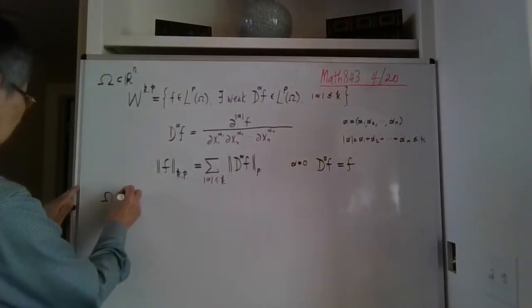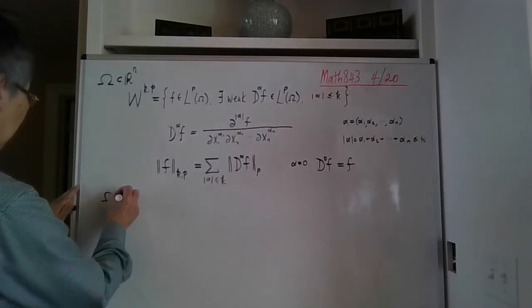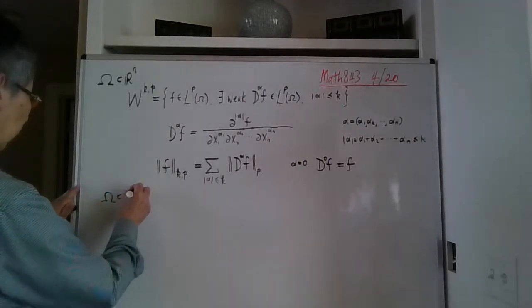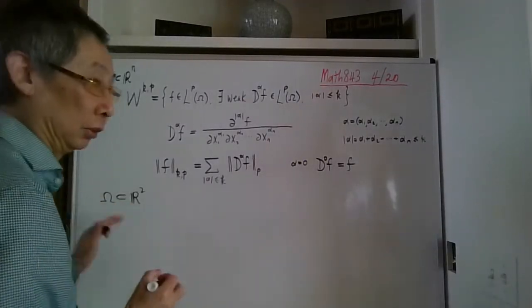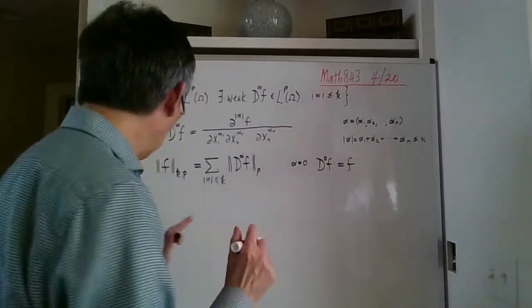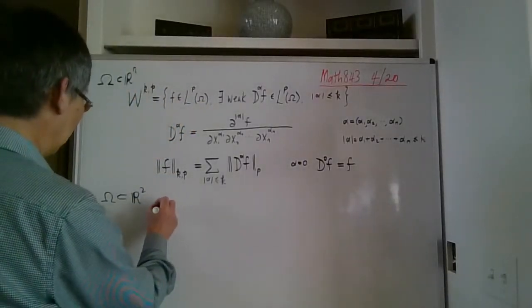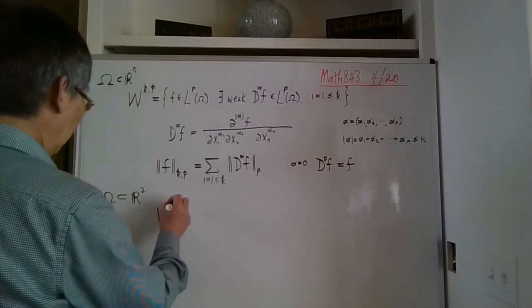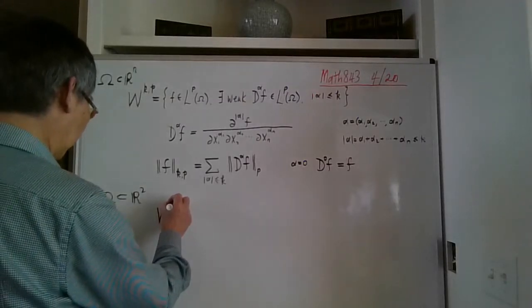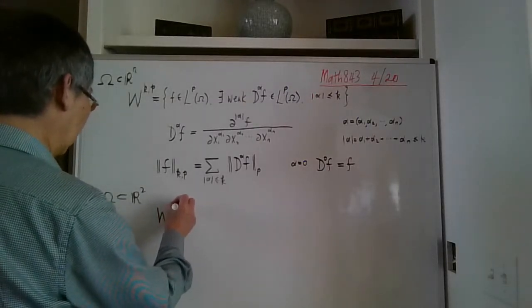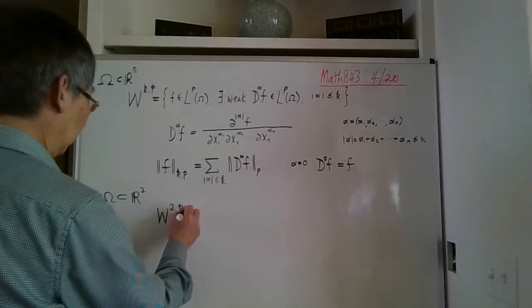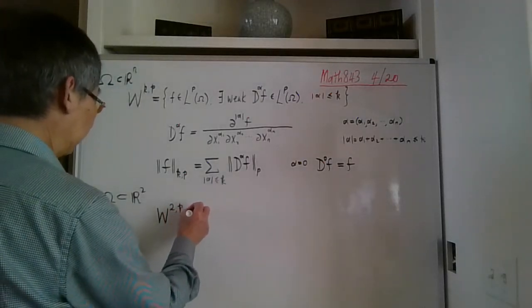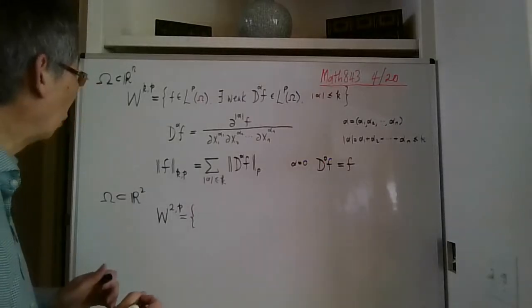Omega is contained in R^2, so the dimension is 2. It's not a one-dimensional case. We talk about the second order and p-th power. So let's consider this. What is this space?